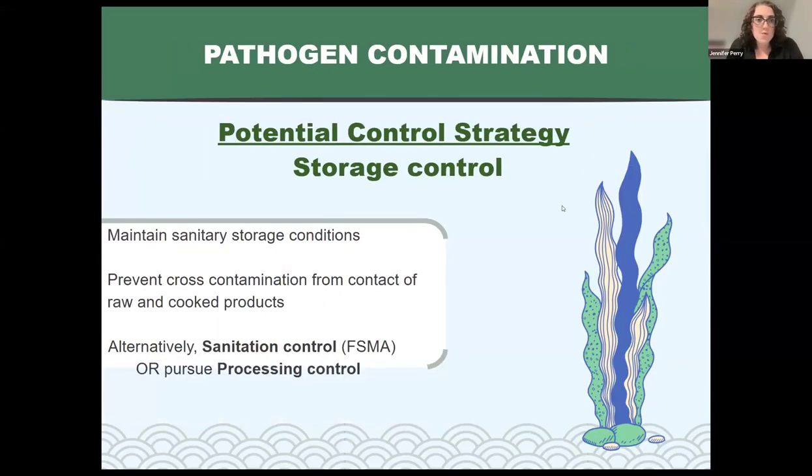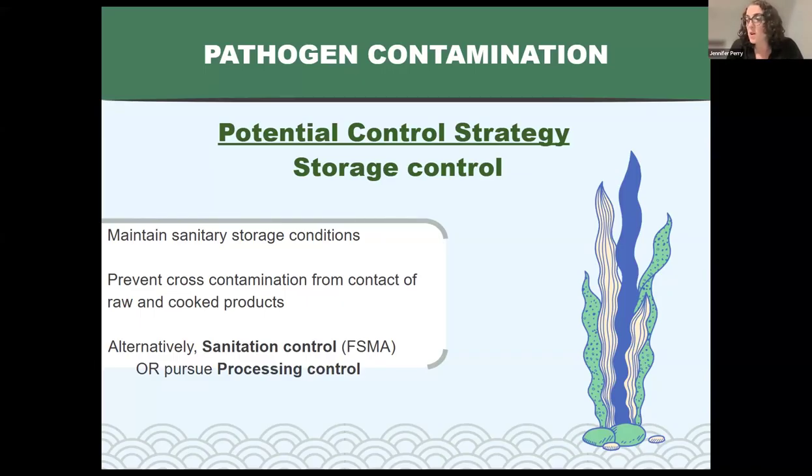The control strategies for Listeria monocytogenes in particular, but generally for pathogen contamination during processing and handling, include storage control. One of the main things that we can do is make sure that we're preventing the contact of processed and raw foods.